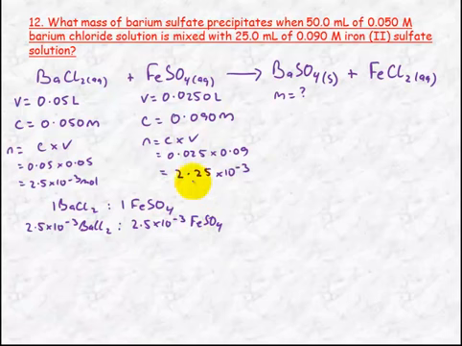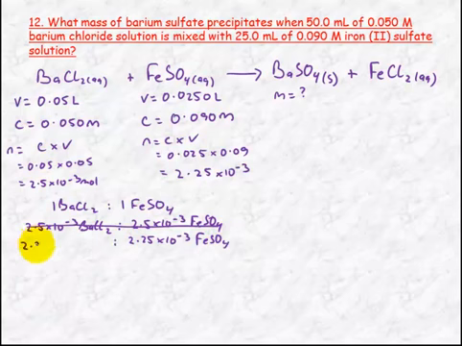I don't have that much, so this reaction cannot happen. However, if I do it the other way around, 2.25 by 10 to the negative 3 FeSO4 can quite easily react with 2.25 by 10 to the negative 3 barium chloride.